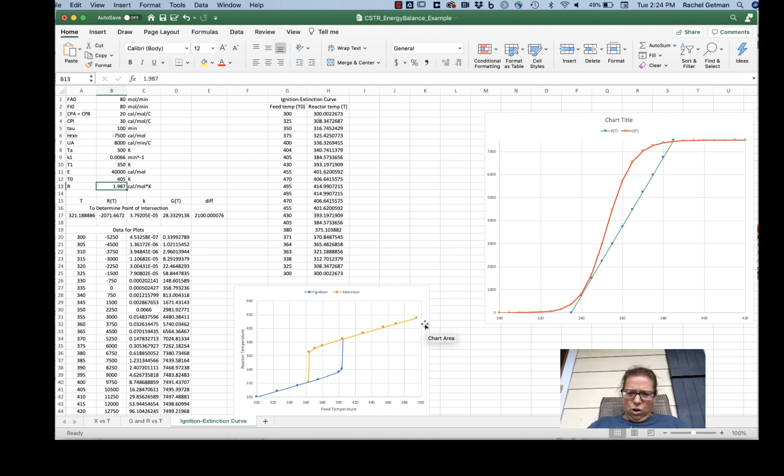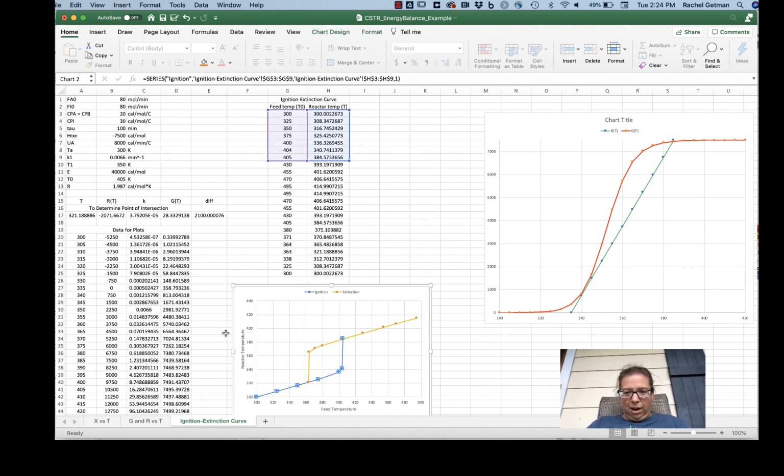And we can know what the temperatures to do that are by plotting an ignition-extinction curve, which is basically, if I specify a feed temperature, what is the reactor temperature that will result if I am gradually increasing or gradually decreasing. So you see in this plot, there are values along these trends where the CSTR has multiple steady states, but we are always taking the one closest, since we're gradually turning the temperature up or down.